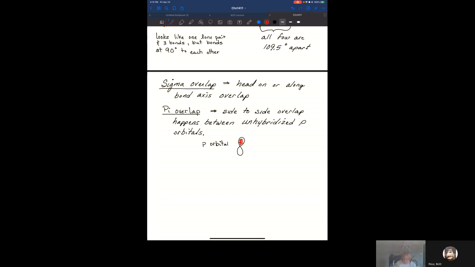Half of the orbital is above, I don't know if you'd like to call it an imaginary line, or if you want to say there's the nucleus in the middle, there's a node. So we have half of the orbital above.